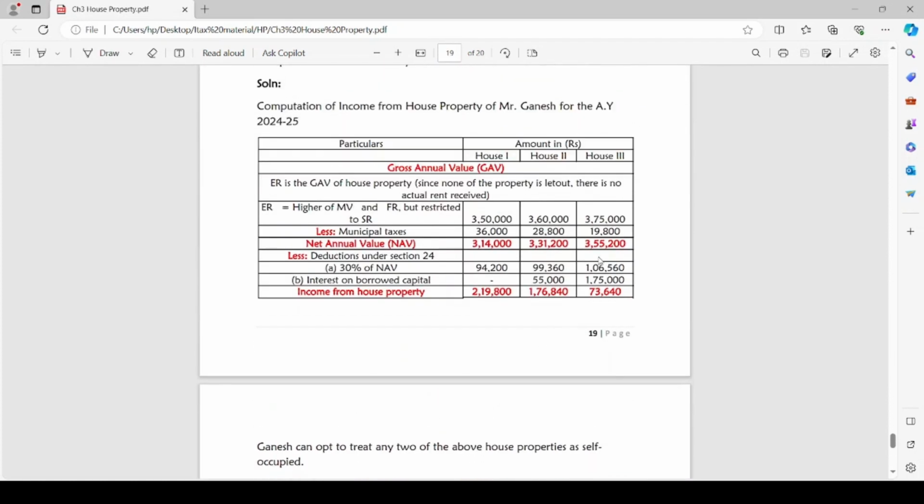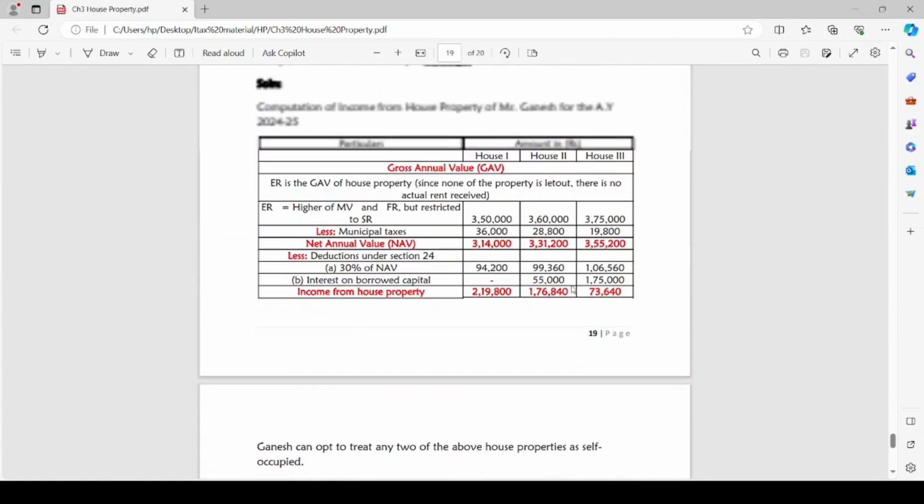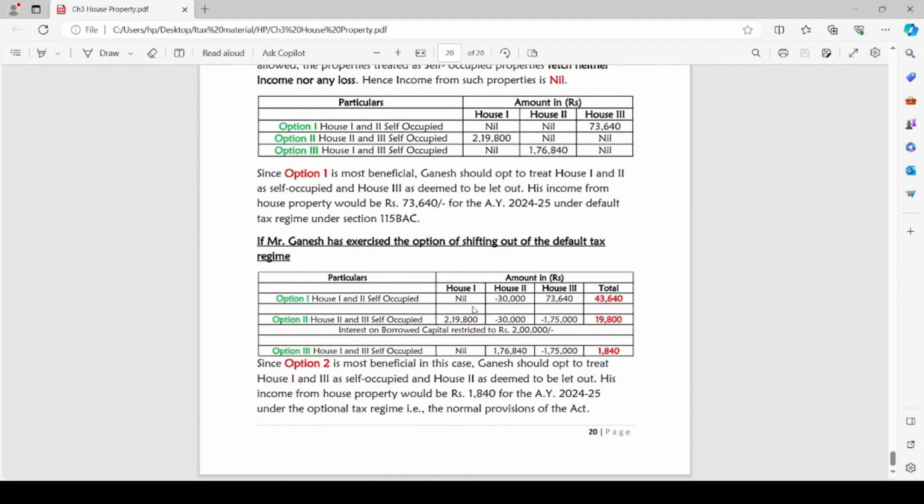If house property 3 is self-occupied, in such a case NAV is nil, we cannot claim standard deduction, and deduction under section 24B is rupees 1,75,000. Since it is less than rupees 2 lakh, the whole amount is claimed as deduction under section 24B.